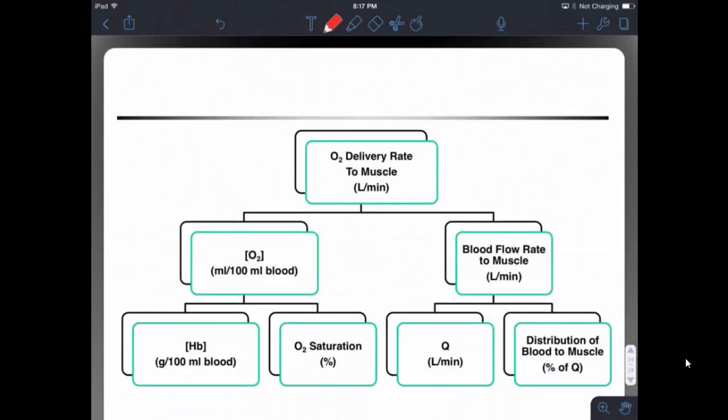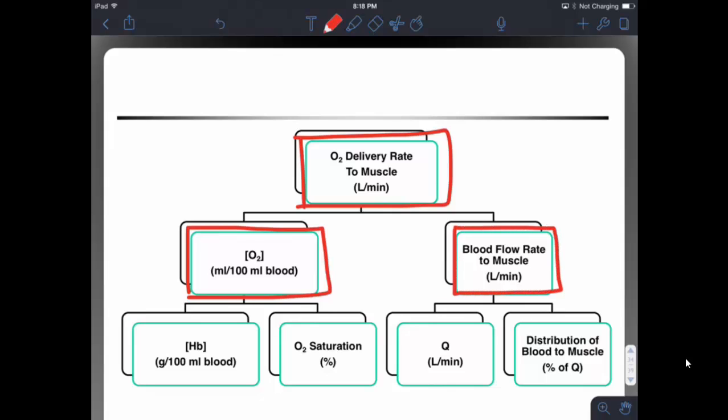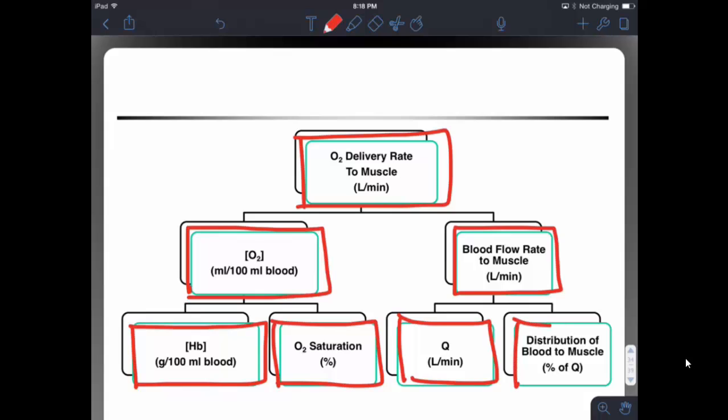So what this looks like here is we've got our oxygen delivery rate, which is determined partly by the oxygen carrying capacity and the blood flow rate to the muscle. And the oxygen carrying capacity is determined by the hemoglobin concentration and the oxygen saturation, and the blood flow rate to the muscle is determined by cardiac output and distribution of blood to muscle.